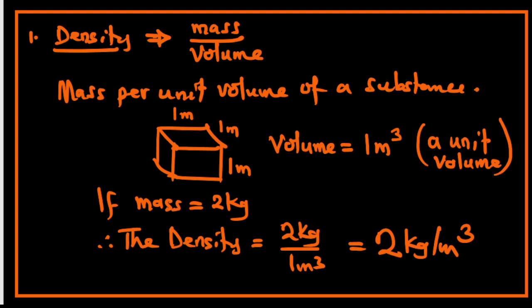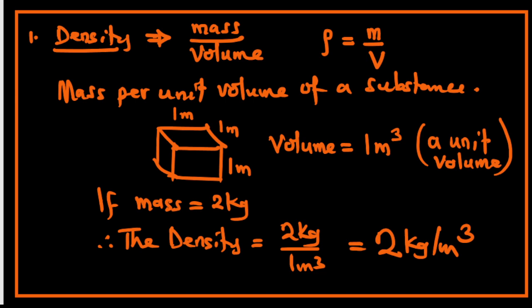Density being mass over volume. Like I said, the symbol for density is rho. So we have rho equals m over v. M is the mass, v is what? The volume.